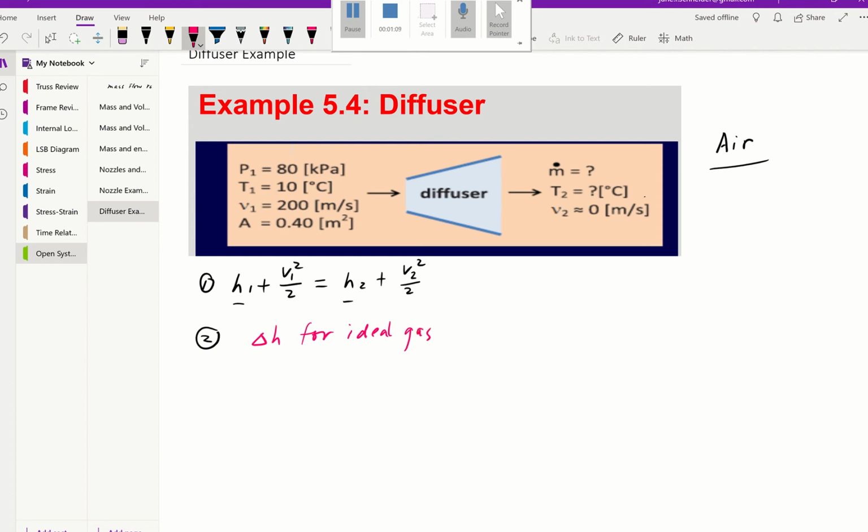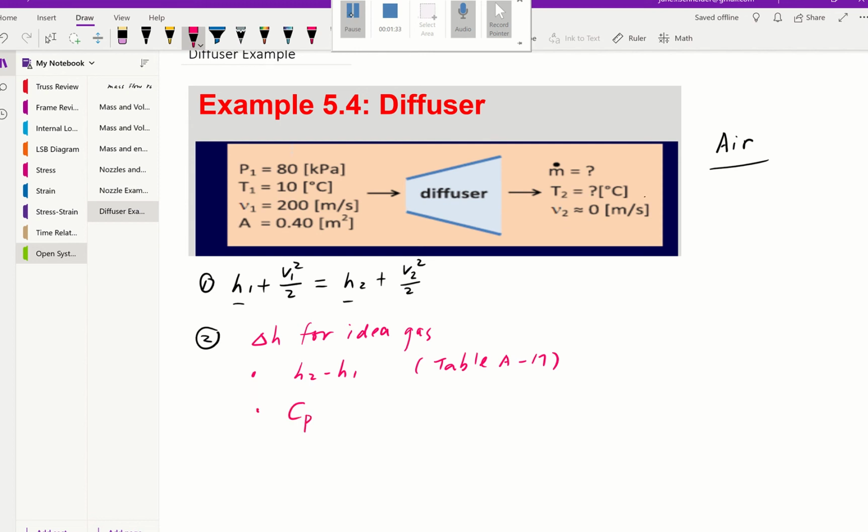We learned about delta h for ideal gas. There are three different methods. The first one, you can use h2 minus h1 using table A17, the ideal gas table for air. Another one, delta h is going to be equal to Cp.